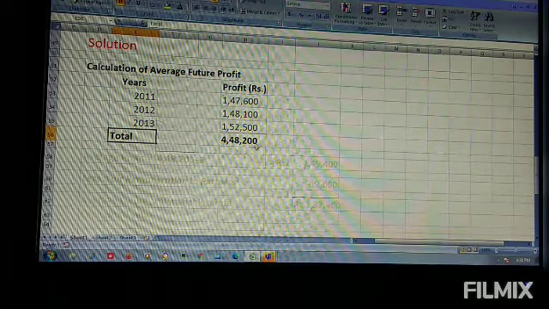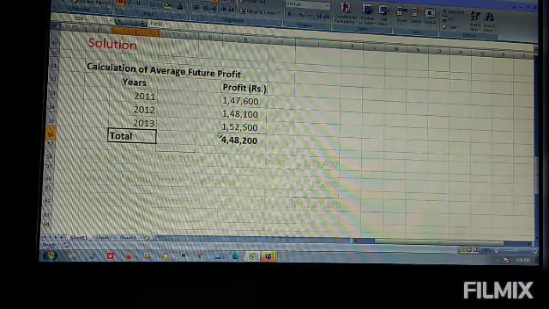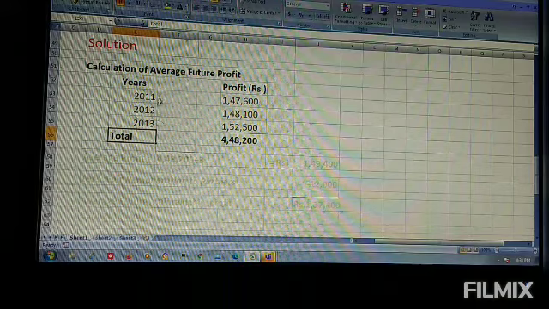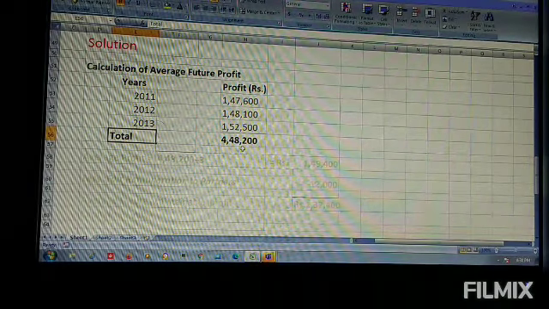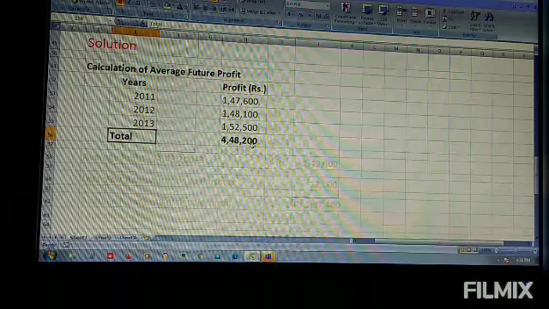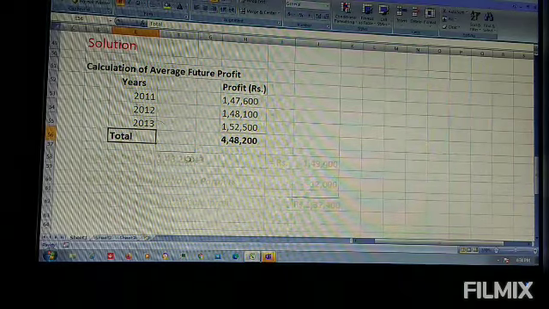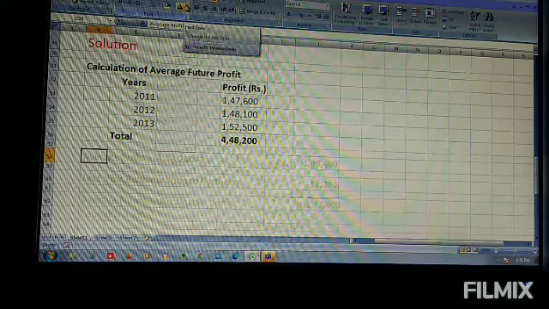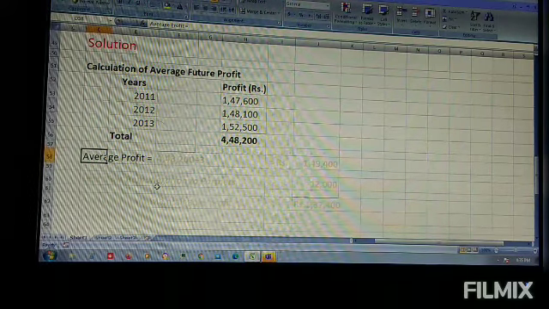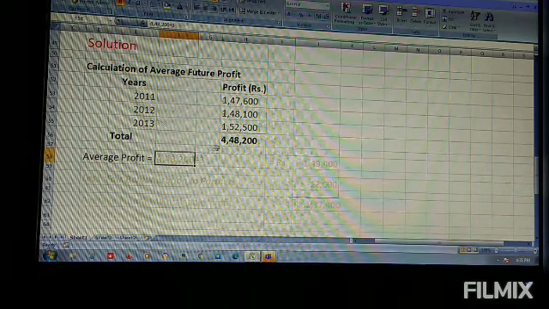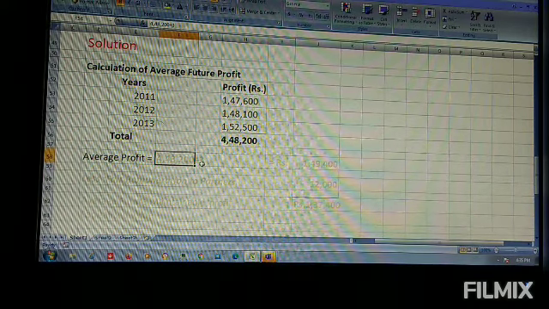The average profit is the total profit divided by 3 years, because there are 3 years. So we will get a uniform profit for all the years, the same profit every year. That is the average profit. The total profit is 4,48,200, to be divided by 3.